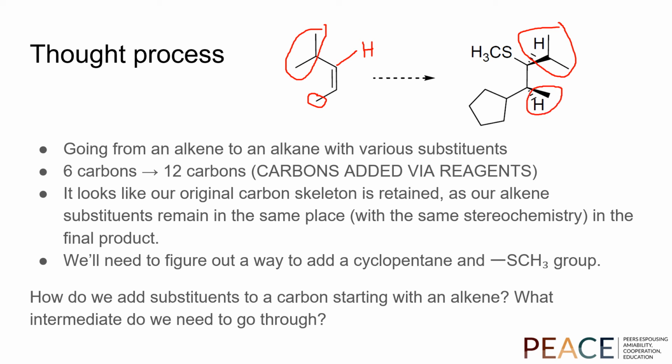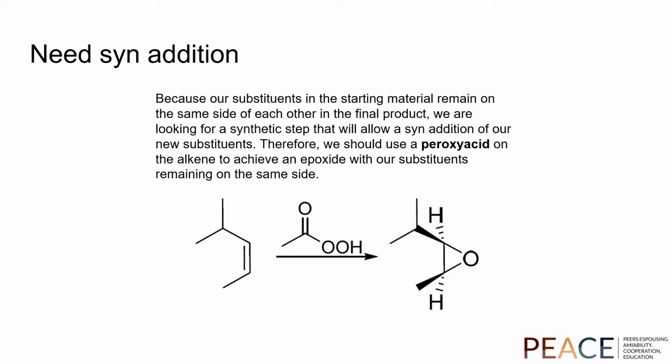We will just need to figure out how to add a cyclopentane and an SCH3 group to the alkene. So let's brainstorm ways we can add these substituents to the carbon, starting from an alkene, and possible intermediates that we may need to go through. So pause the video and try to think before moving on to the next slide.